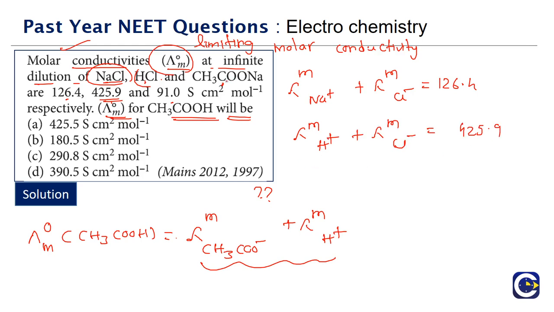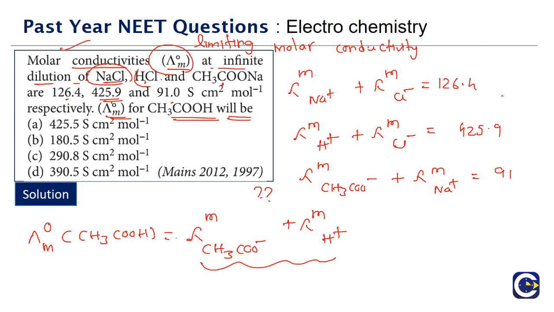Then the last one is the limiting molar conductivity of sodium acetate, which is the molar conductivity of the acetate ions plus the molar conductivity of the sodium ions, that is 91. All are in the same units, Siemens centimeter square per mole.